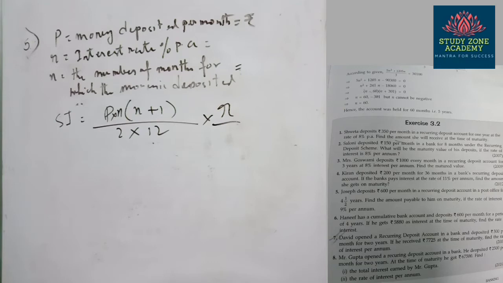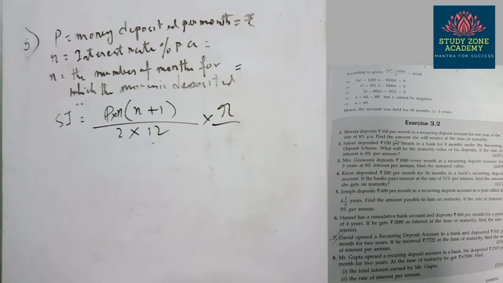Let us move on to question number 5. Is it the same type of sum? Joseph deposits rupees 600 per month in a recurring deposit account in a post office for 4.5 years. Find the amount payable to him on maturity if the rate of interest is 9%.